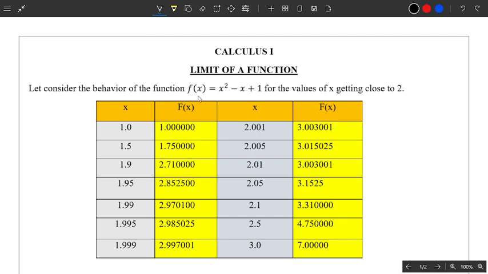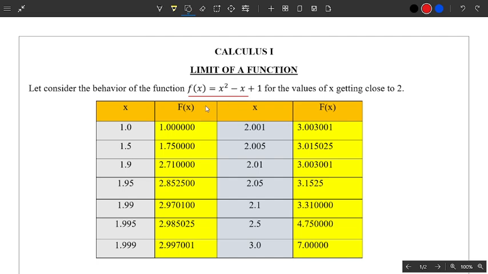Now let's consider this function here. We have f of x equal to x squared minus x plus 1.